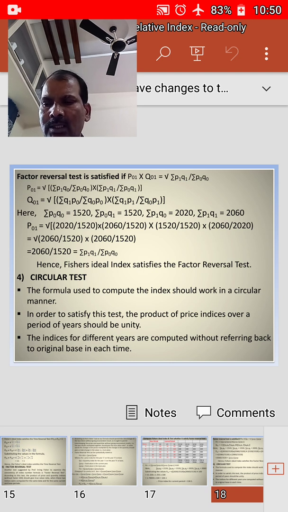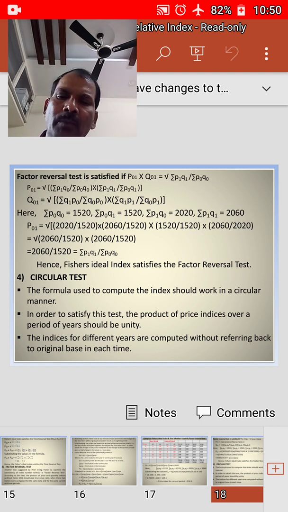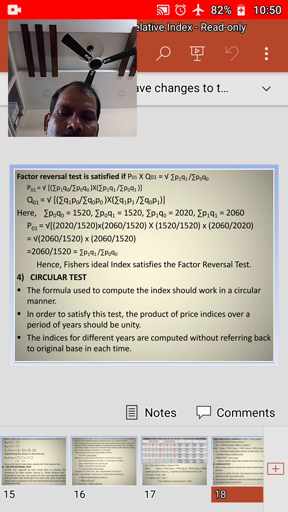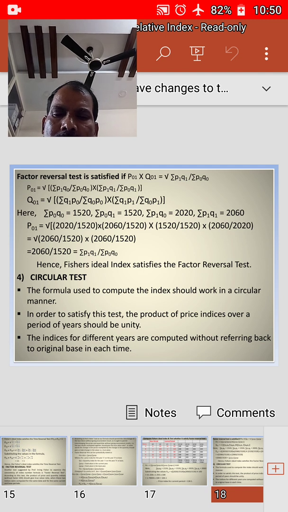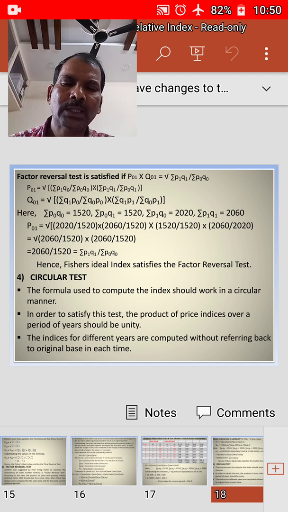According to this test, the formula used to compute the index should work in a circular manner. In order to satisfy this test, the product of price indices over a period of years should be unity. The indices for the different years are computed without referring back to the original base each time.